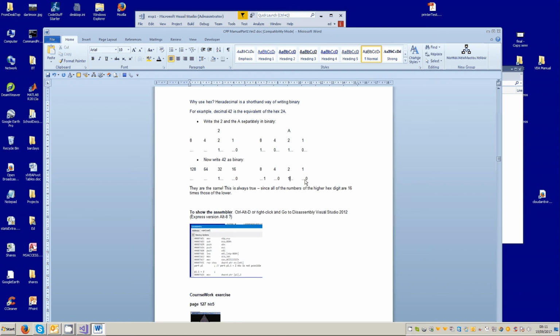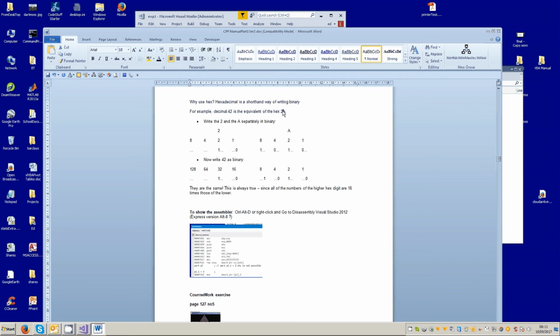Now what you might notice, if you look at these two numbers that were produced, they're the same. So you can see how this is a shorthand way of representing all of that in a computer. It just makes it slightly simpler. You might like to think all these numbers here are 16 times bigger than all these numbers over here.